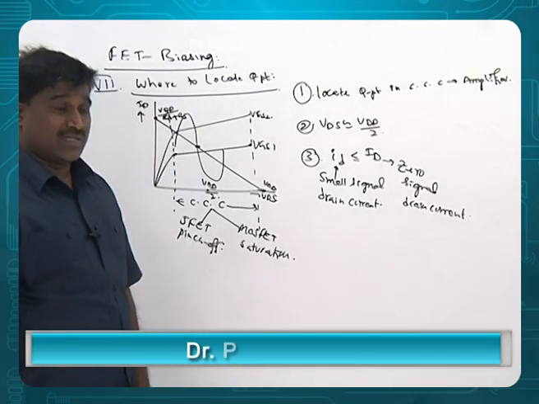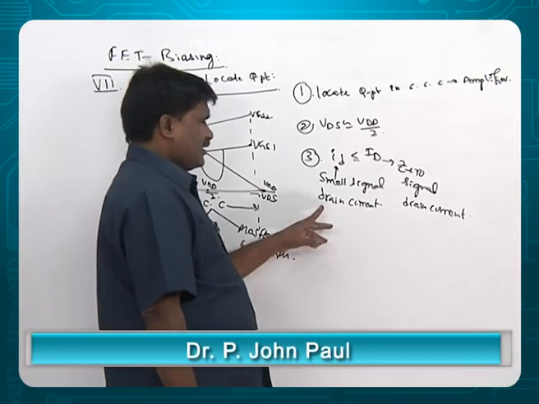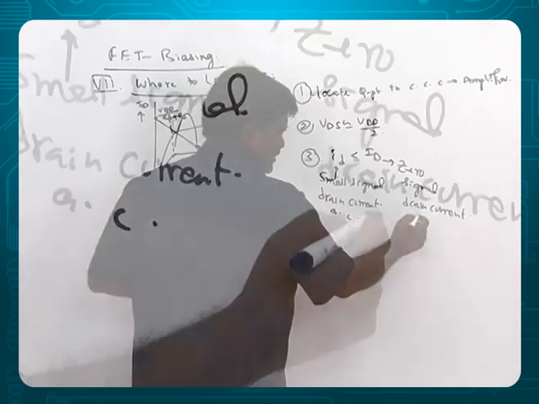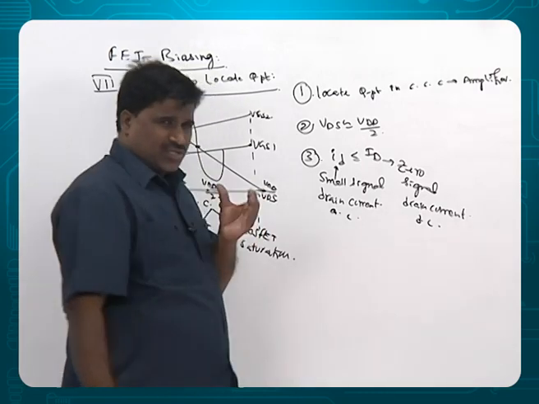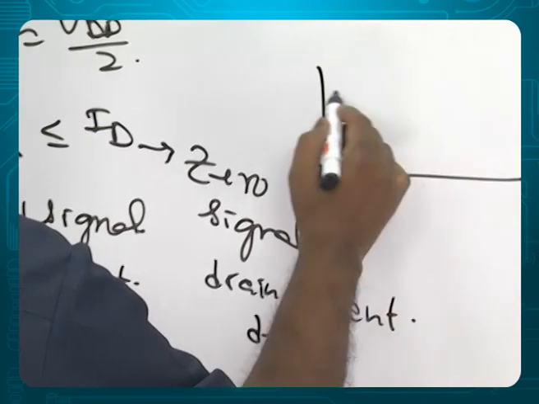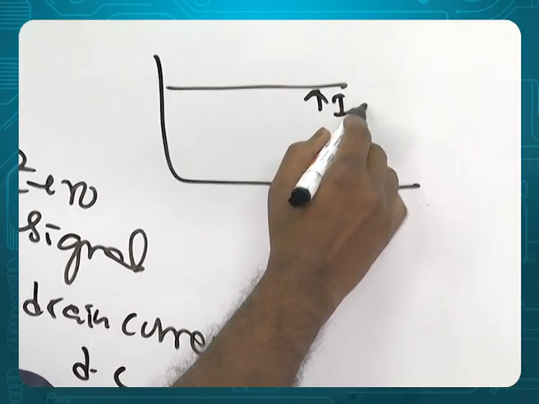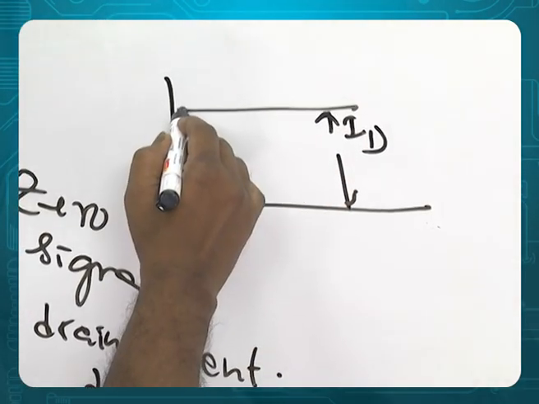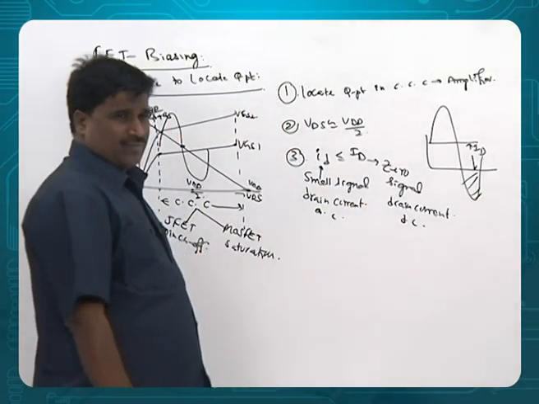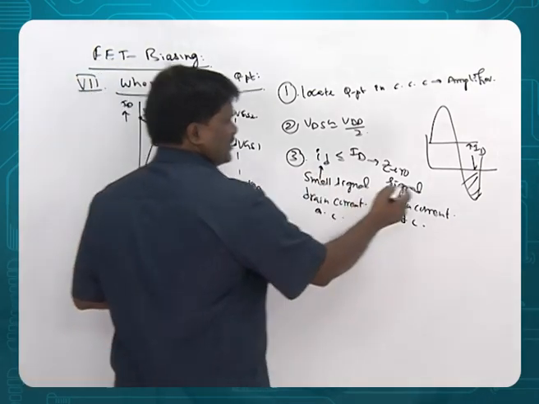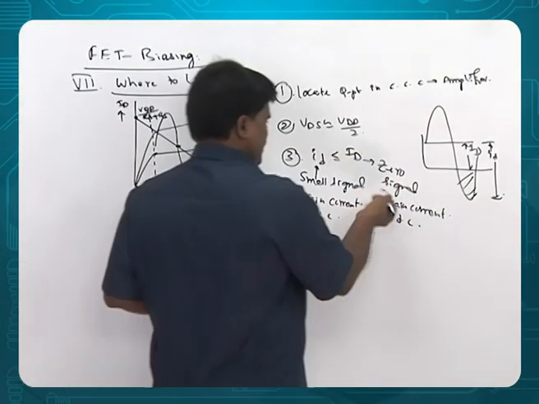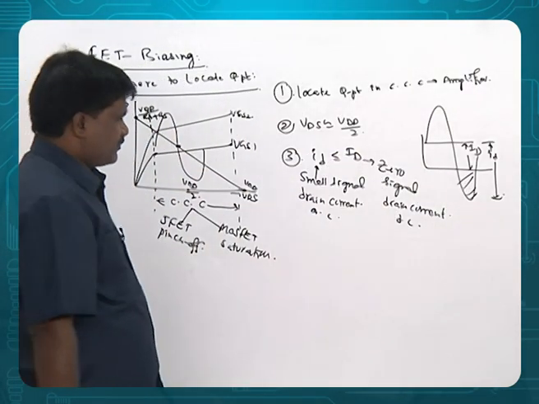Small means AC. Zero means zero frequency, DC. So AC should be generally less than or equal to DC. You know why? Suppose you have this as a DC and signal, if it goes beyond, this portion is clipped off. That's why AC should be less than DC, always.